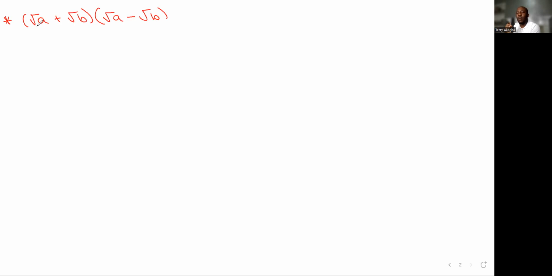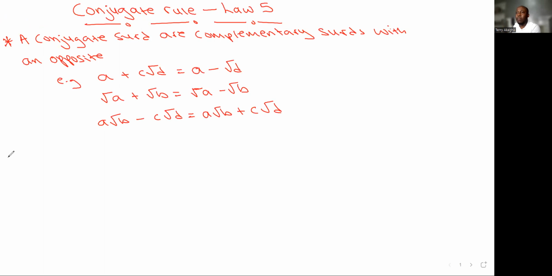And when you do that now, it's going to be the same thing. So like I said, when you multiply a surd by its conjugate, the root or the square root disappears. So it's very important to know. So let me just write it there.